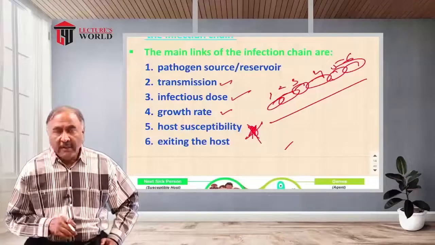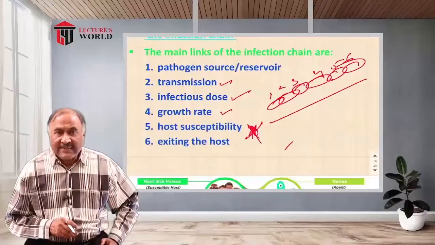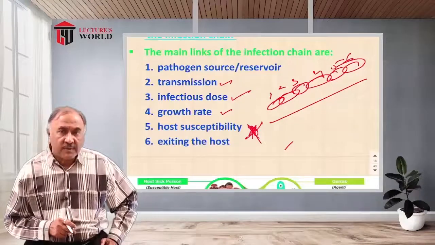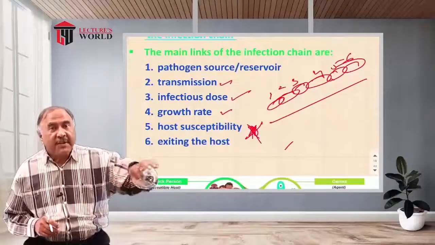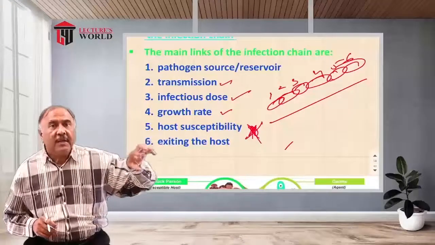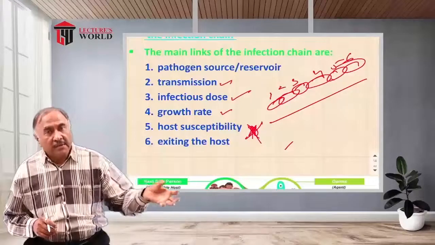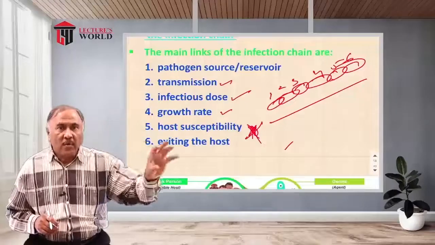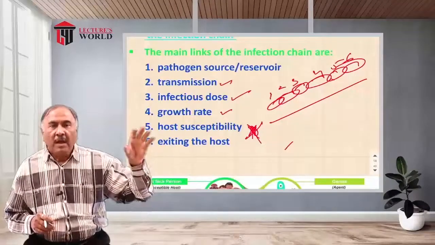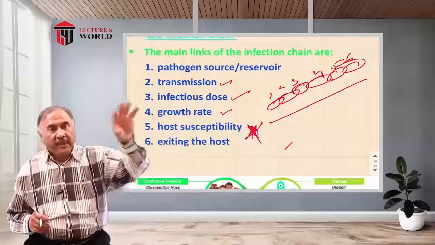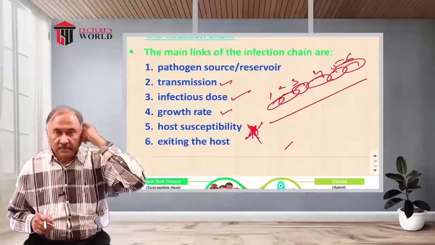And finally, exiting the host. Exiting the host means the pathogen has to be released. It has to come out from the host, and should be able to invade the new one.